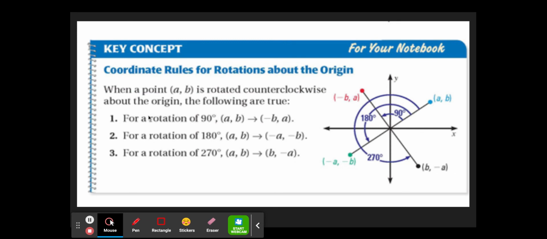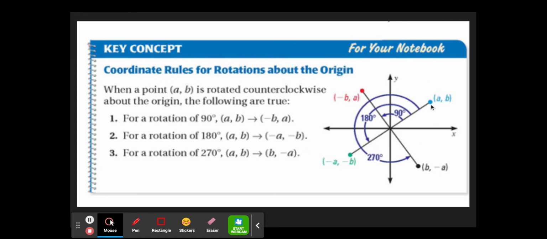So here we have it. If you're going 90 degrees, then the only thing happening is you invert the points, so it's B, A, and it's the opposite of B. Literally, look at this example. Here's A, B. I rotate it 90 degrees. Kind of makes sense, right? We're going to invert it, and now my x values are opposite of what they once were.